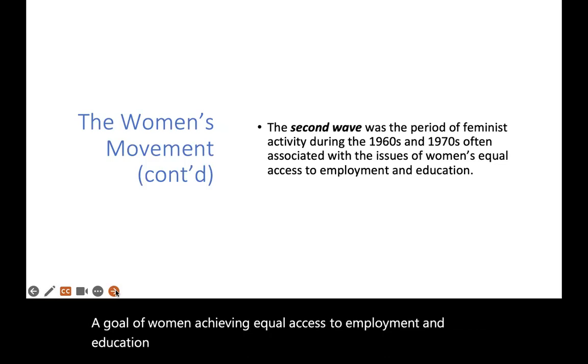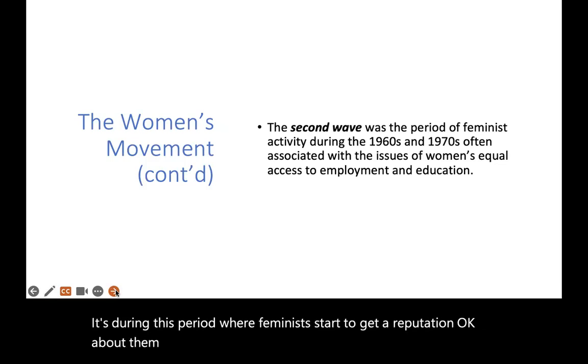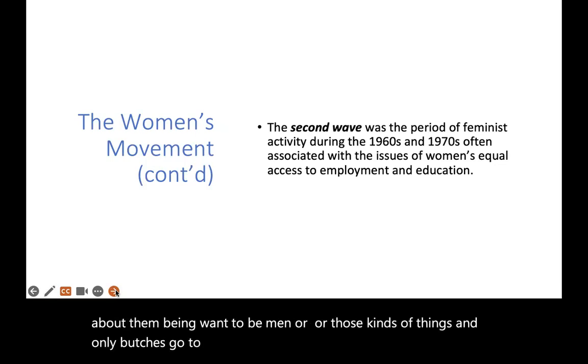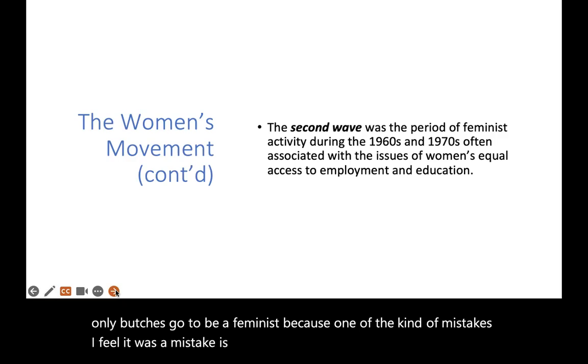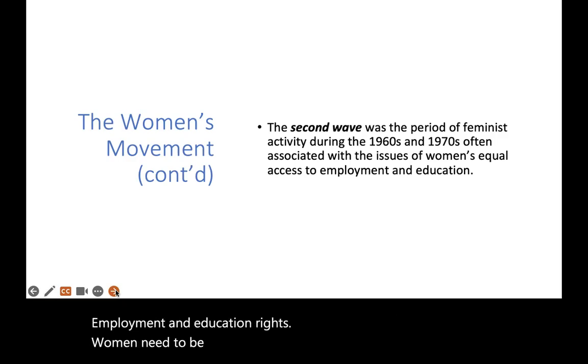Okay. Now, it's during this period that feminists start to get a reputation, okay, about being wannabe men or dykes or those kinds of things. And only butches go to be a feminist. Because one of the mistakes, I feel it was a mistake, is the idea that in order for women to have equal employment and education rights, women need to be like men.